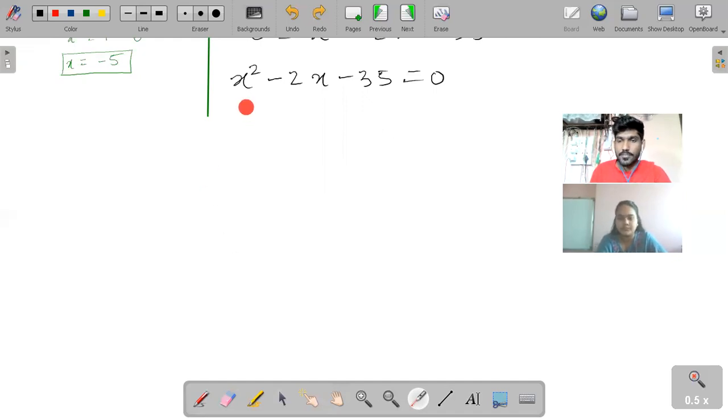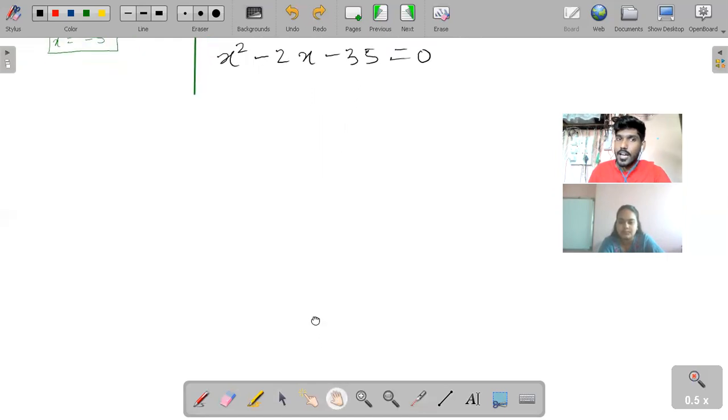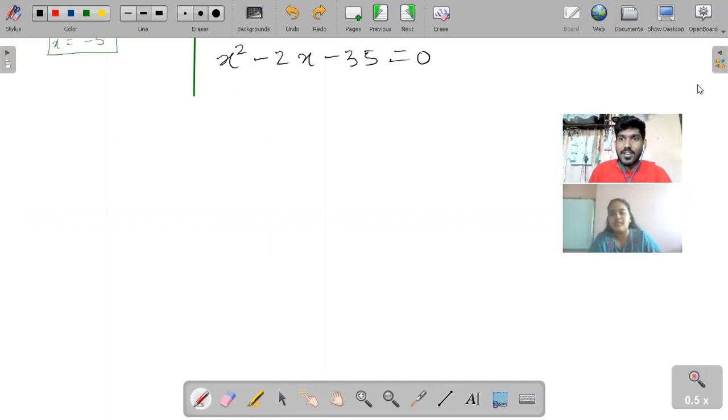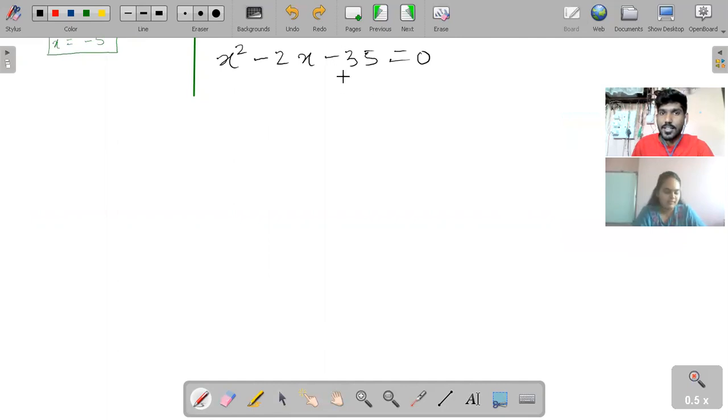Okay, this is quadratic. Now you must have studied. Do you remember finding the solution or solving a quadratic equation? Now you must have surely done it in 8th standard. But do you remember? I don't remember, maybe. Okay. So you see this last term. What is the number in the last term? It is 35. Minus 35. Just the number.